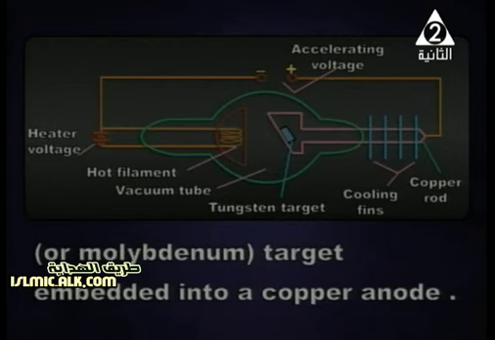Then we'll try to stop them, okay? And you'll observe something very important. When we try to stop these electrons, they lose their energy in form of photons having very high frequency, so they lie in the X-rays region.